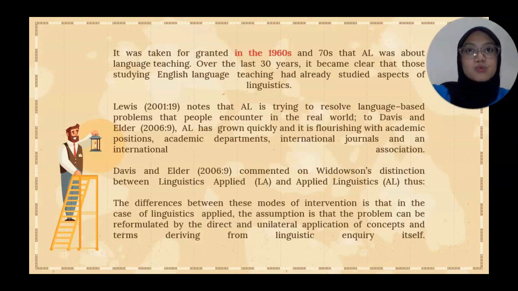So that is to say, language problems are amenable to linguistic solution. In the case of applied linguistics, intervention is crucially a matter of mediation. Applied linguistics has to relate and reconcile different representations of reality, including that of linguistics, without excluding others.